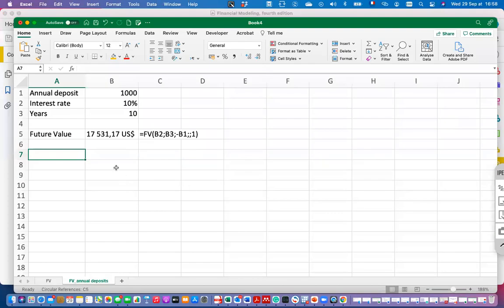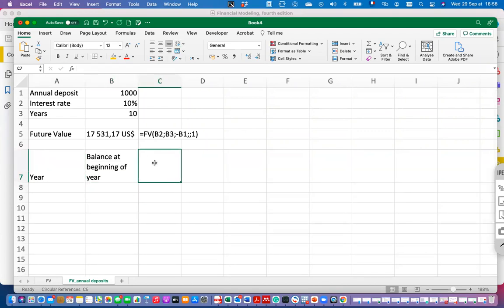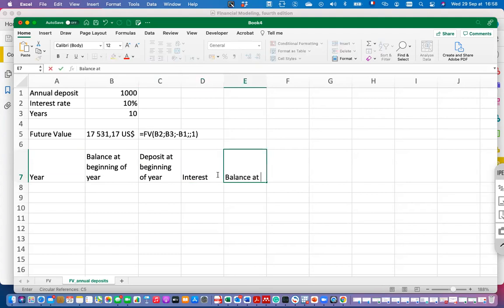So we go to Excel here. So we have year, balance at beginning of year, then we have the deposit at beginning of year, then the interest, and finally the balance at the end of year.